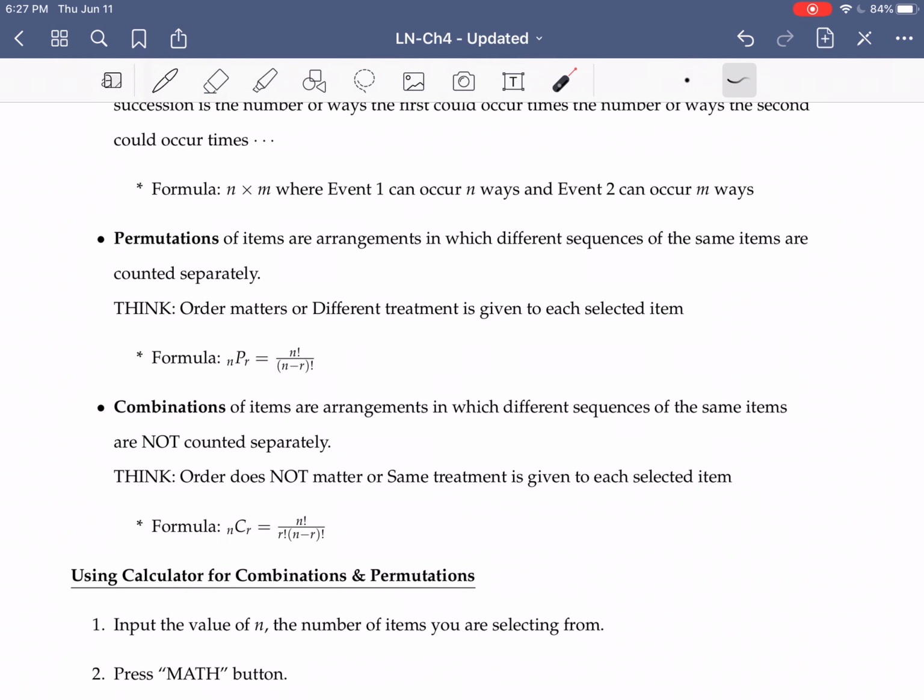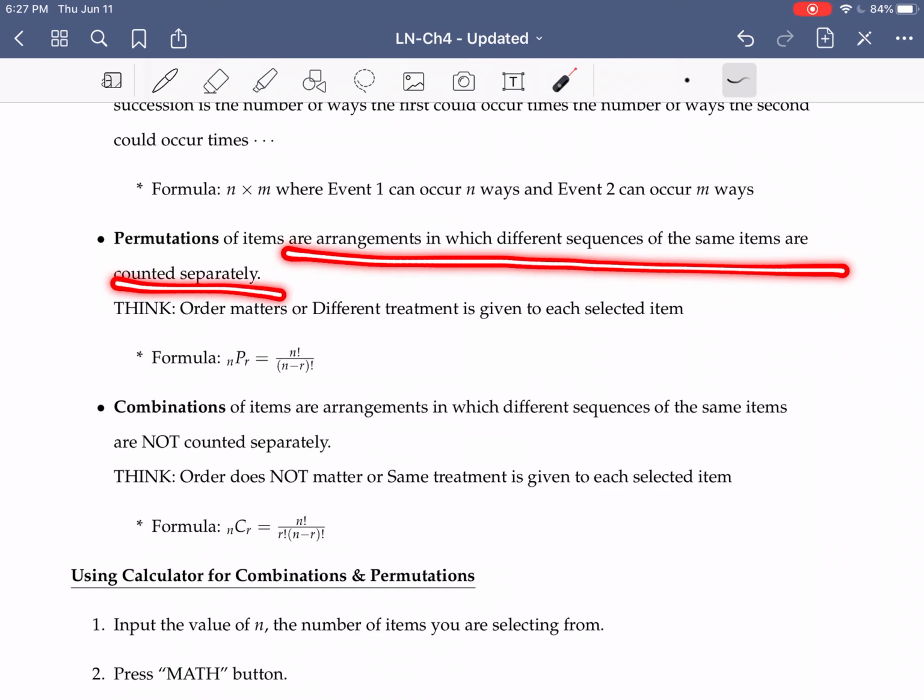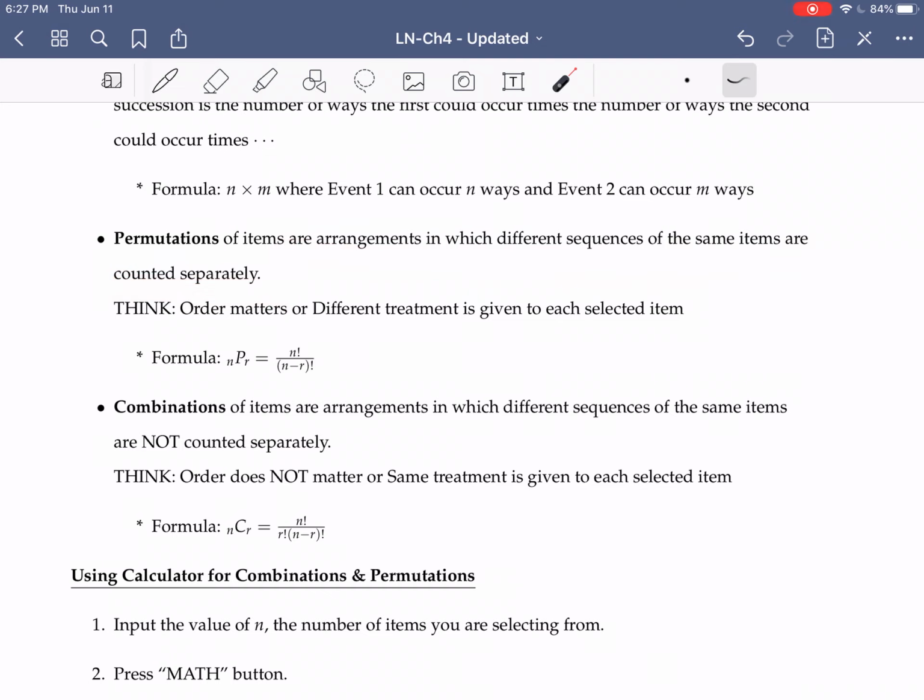Permutations: this is an arrangement in which different sequences of the same items are counted separately. So with permutations, we should think order matters, or that there's some sort of different treatment given to each selected item.